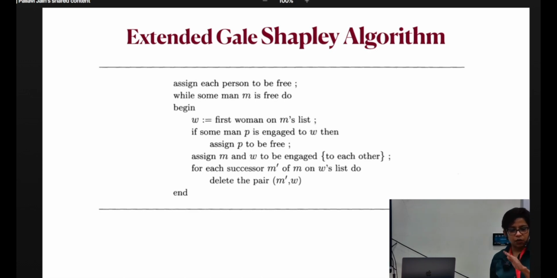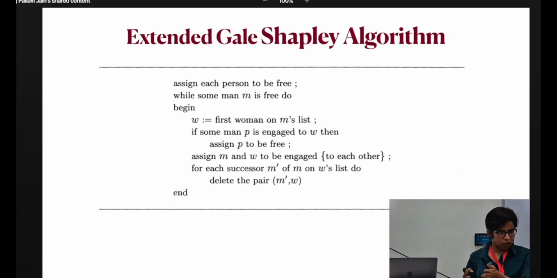Right. So what we are doing here is we are keeping an invariant. The loop invariant here is that whoever is there in the women's preference list is at least the current partner, obviously she is there in her preference list, and all other men whom she likes better than her current partner.